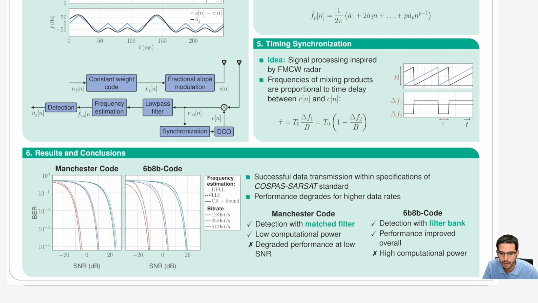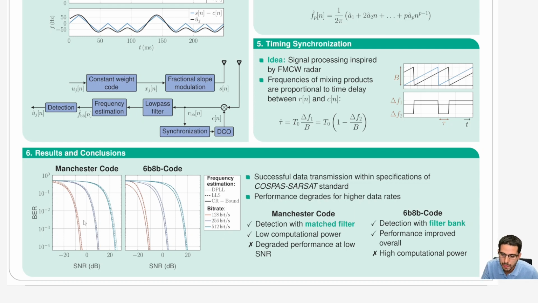Here you can see the instantaneous frequency estimation by digital phase lock loop dotted, the linear least square estimation dashed, and additionally we evaluated which BER could be theoretically achieved if we used an estimator that always meets the Cramér-Rao bound. We performed the simulations for 128 bits per second, 256, and 512 bits per second.